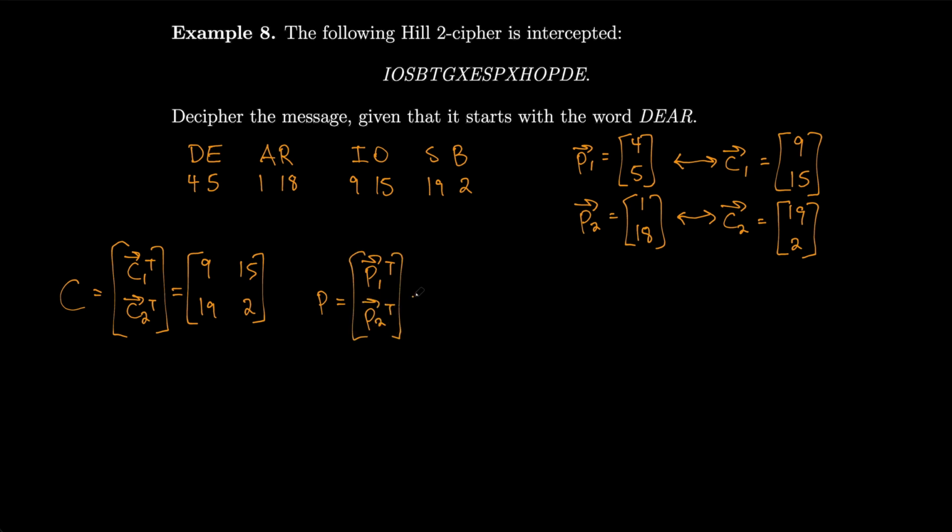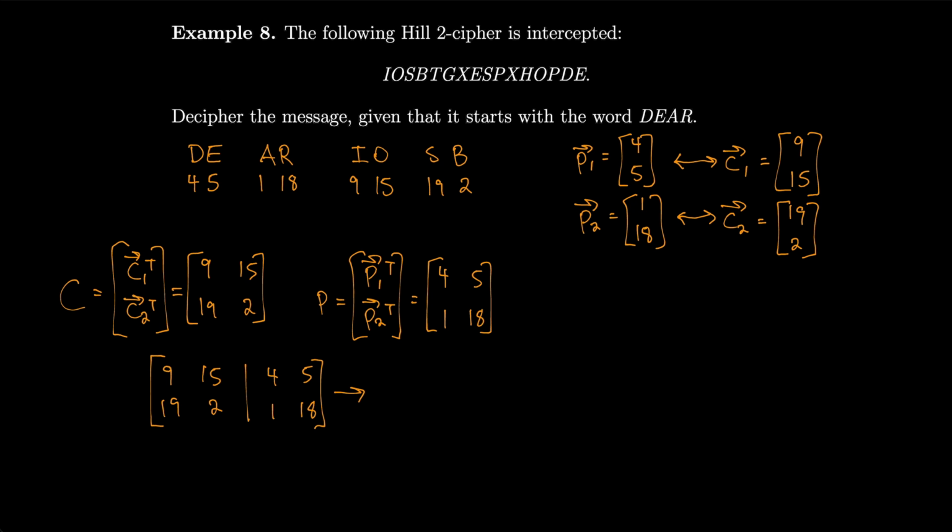So that's 4, 5, 1, 18. And let's take 9, 15, 19, 2, and adjoin it with the matrix 4, 5, 1, 18, so that we can track what happens as we reduce this matrix to the identity.